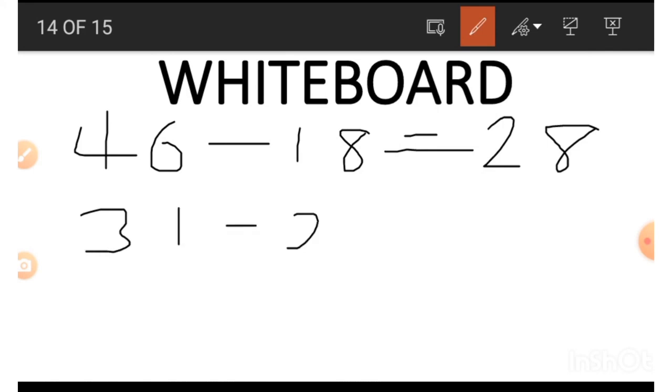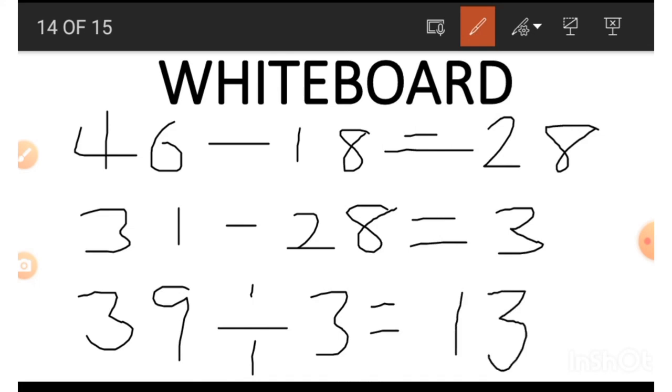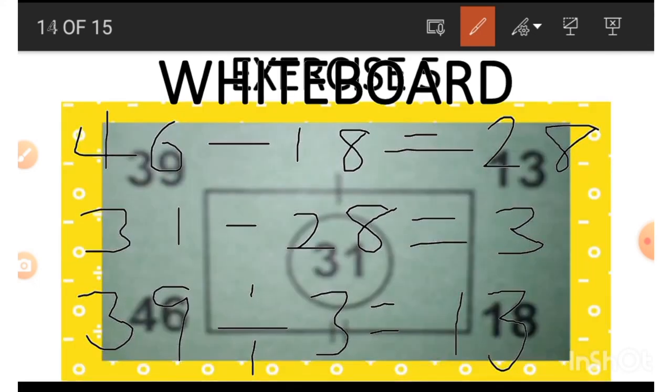So we say 31 minus 28. That will give us 3. With this 3 we are going to divide the 39. So 39 divided by 3 gives us 13. So that is how we get this 13.